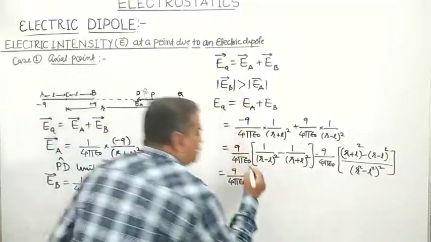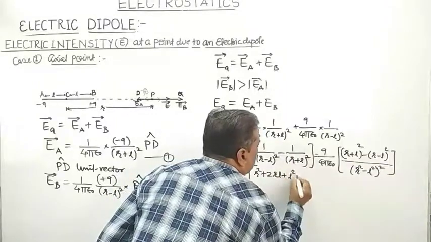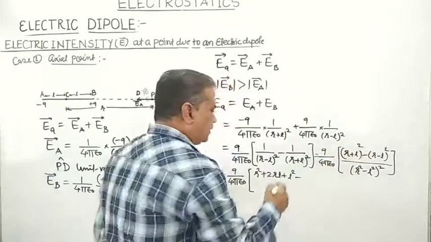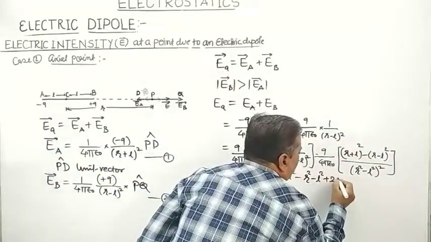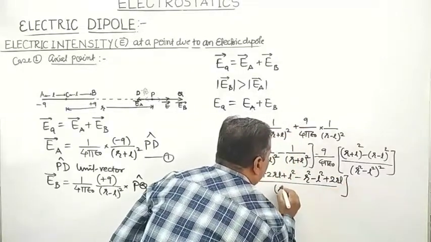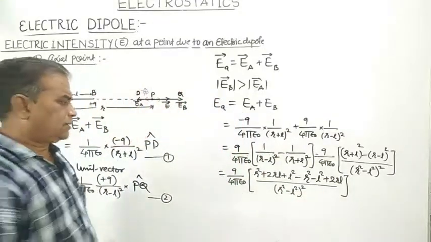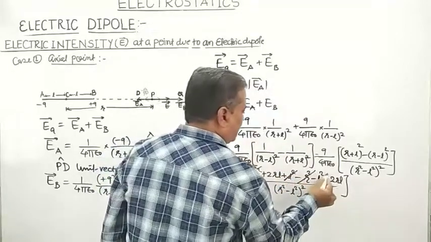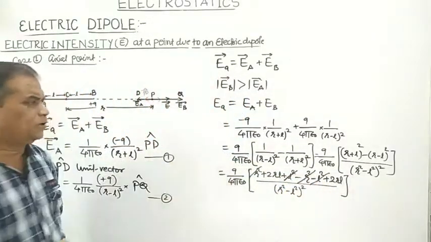Now expand that square. So this is R square plus 2RL plus L square, minus. Now expand this R minus L whole square, so it is minus R square minus L square plus 2RL, and the whole divided by R square minus L square whole square. So, R square minus R square and L square minus L square get cancelled. What is left in the numerator?